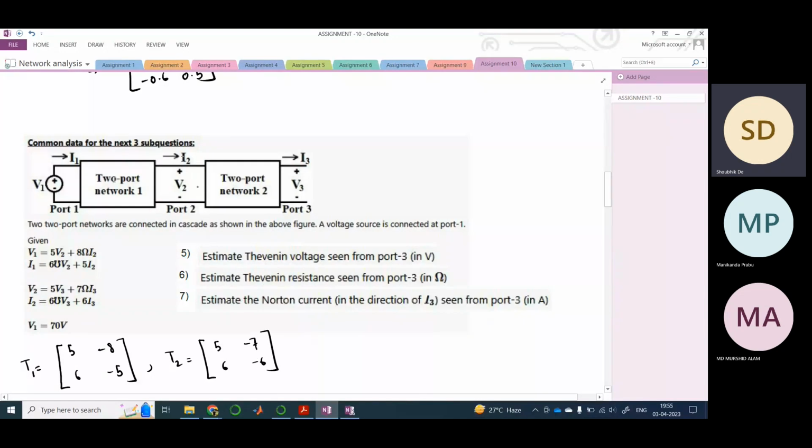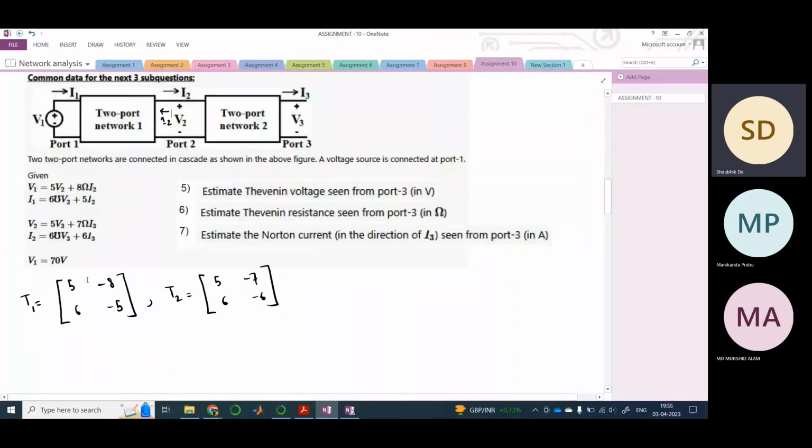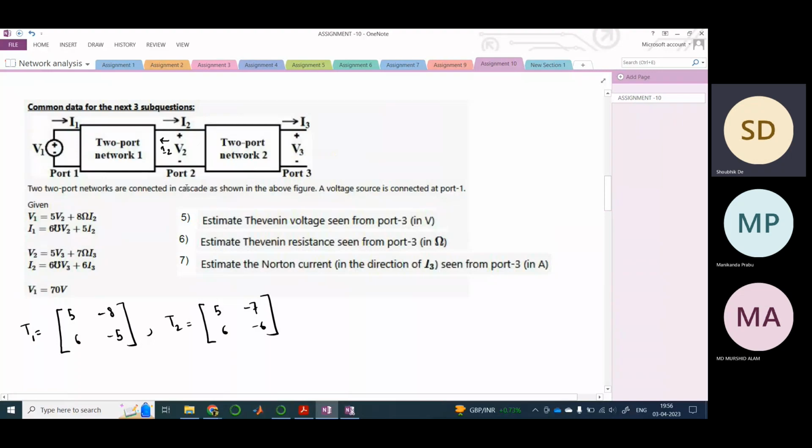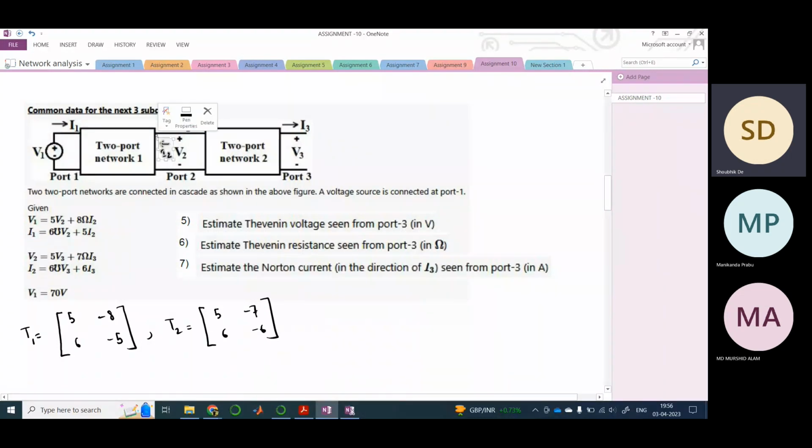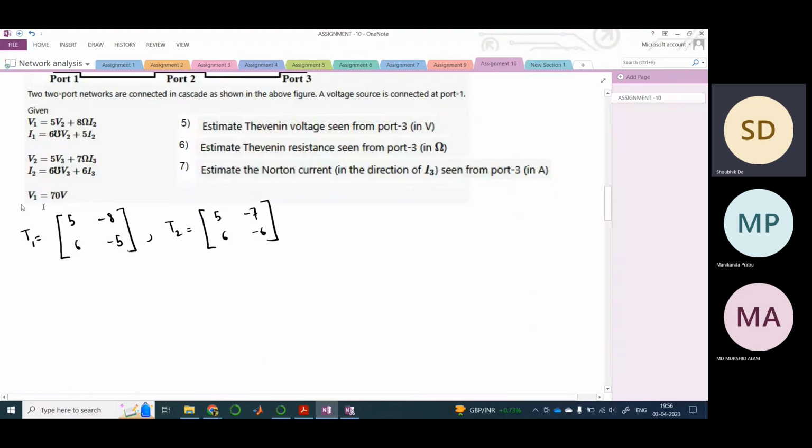Here they considered I to be flowing this way. You can do that, but then you need to replace this with minus. Anyways, you don't need to consider it here. I'll just erase it.